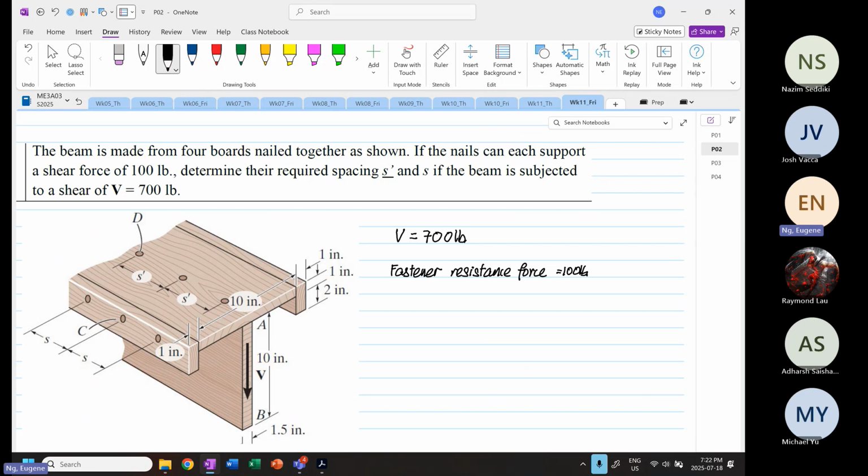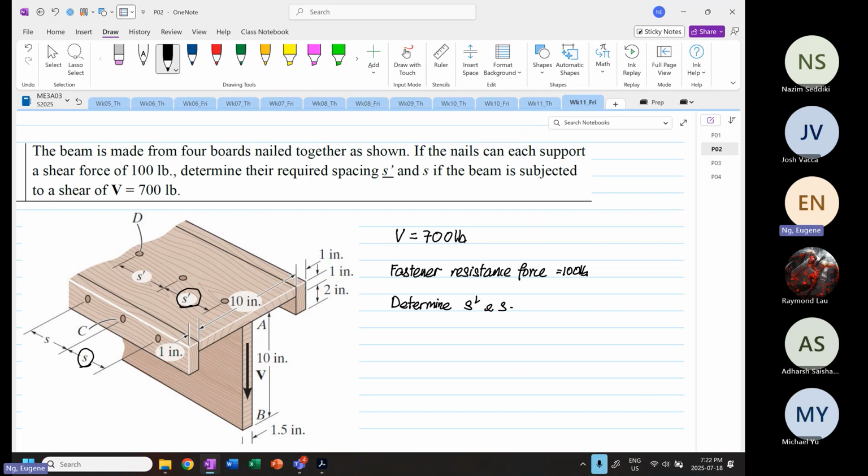And we were asked to determine S prime and S. Okay, so over here is our S, over here is our S prime.